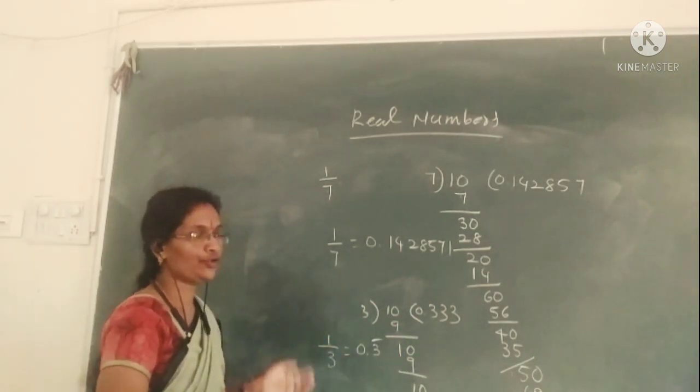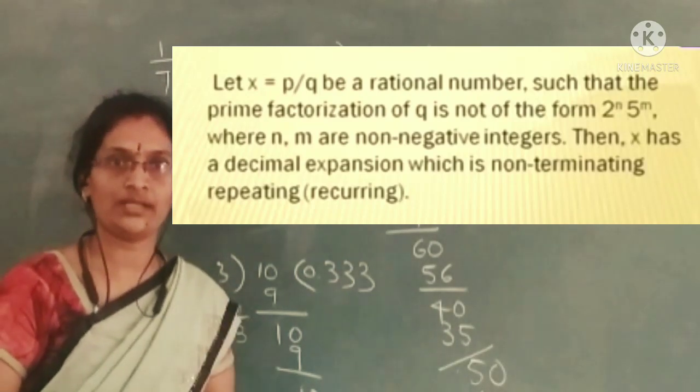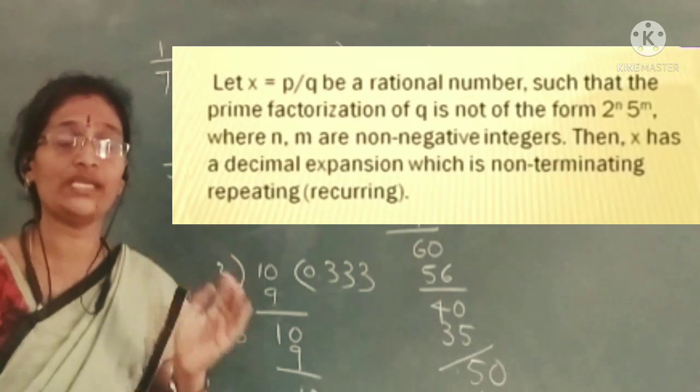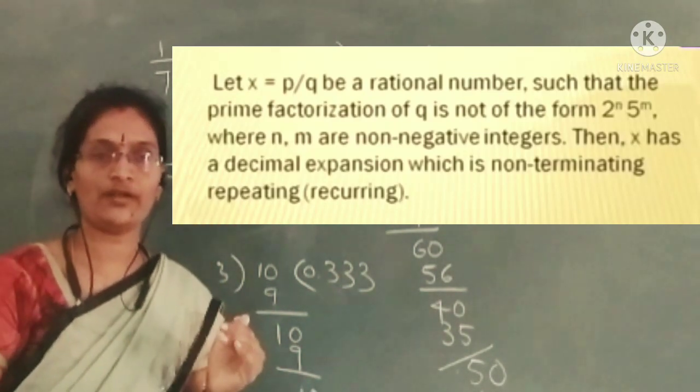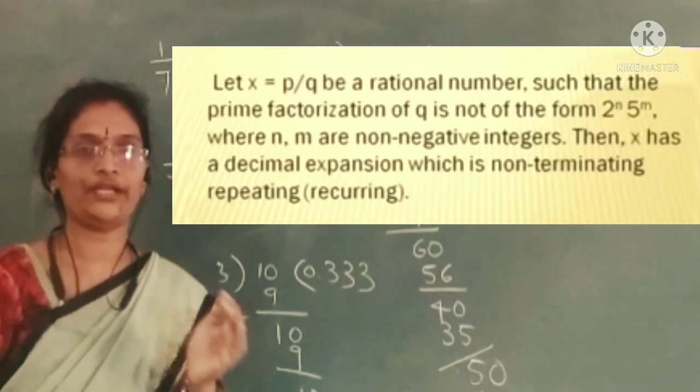So how to decide? If x is a rational number such that the prime factorization of q is not of the form 2 to the power of n and 5 to the power of m, then this is a non-terminating repeating decimal.